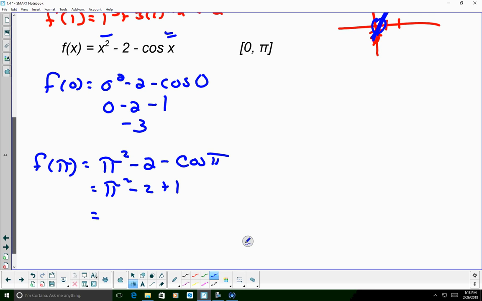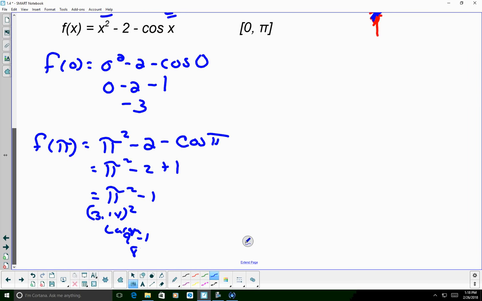Now, I don't really know what it is exactly, but I know pi is 3.14, and when I square that, I'm going to get something larger than 9. So larger than 9 minus 1 is still going to be something larger than 8. Do we all agree? So that's a positive number. This is a negative number. So I know I have to cross a 0 somewhere in between.